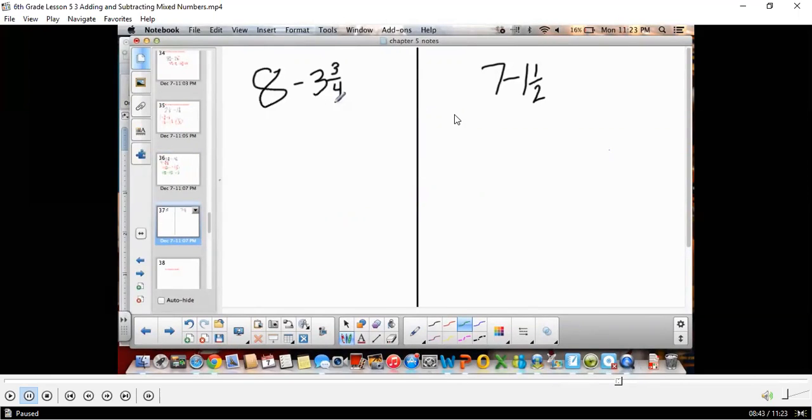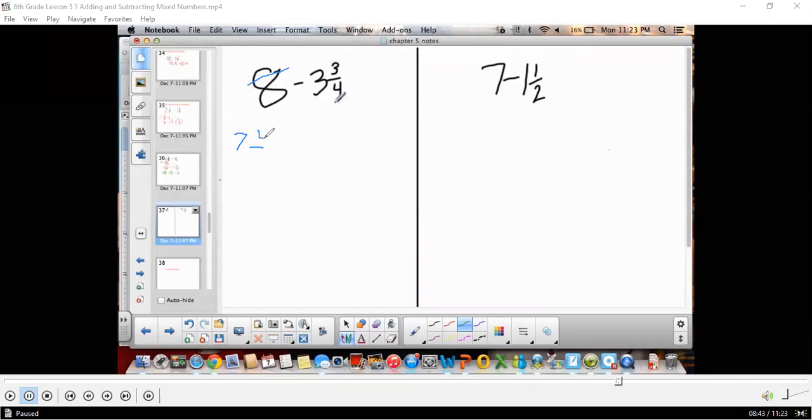So this is another type of question, which is 8 minus 3 and 3 out of 4. The first number is an integer, right? So I'm going to borrow 1 from this number, so it will be 7. And look at the denominator here, it is 4.